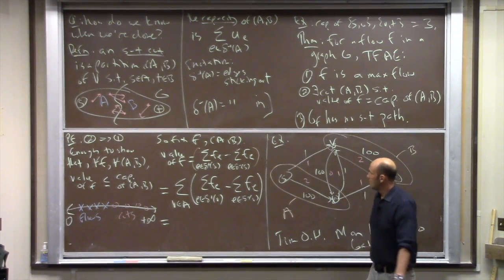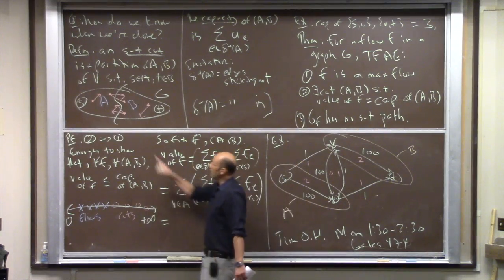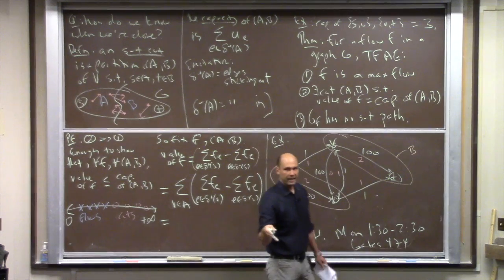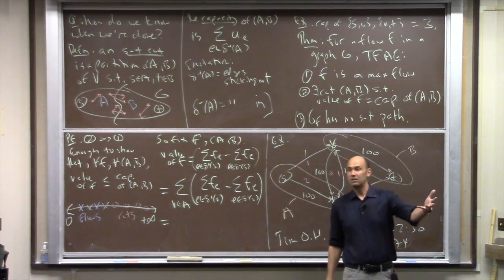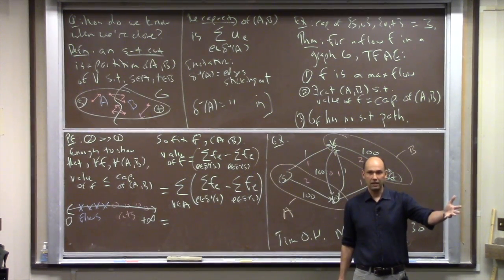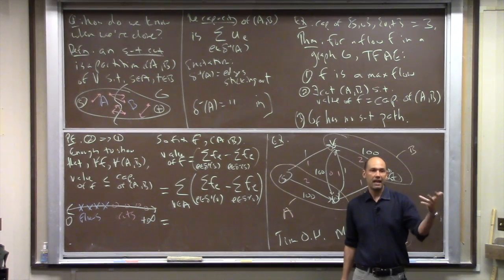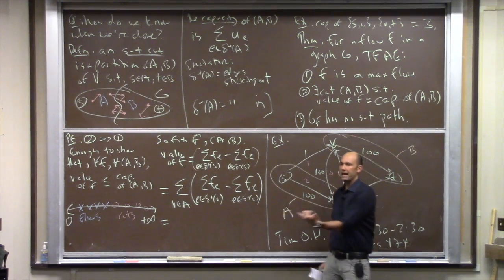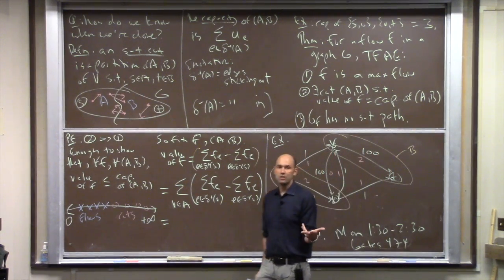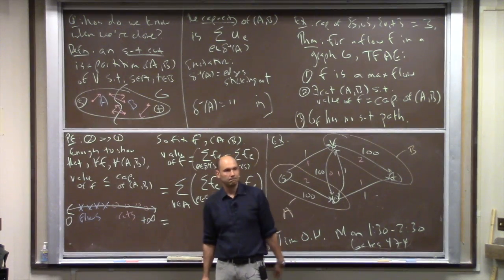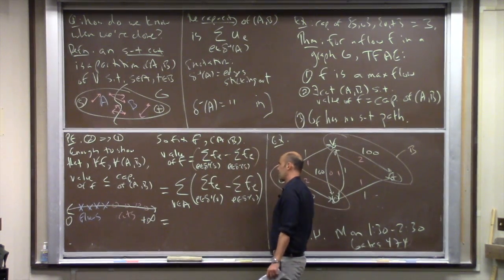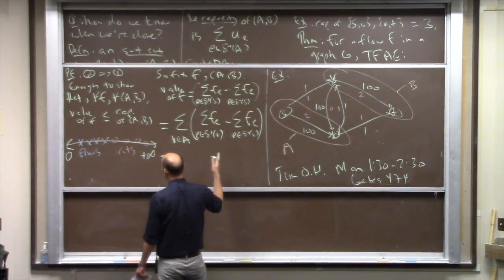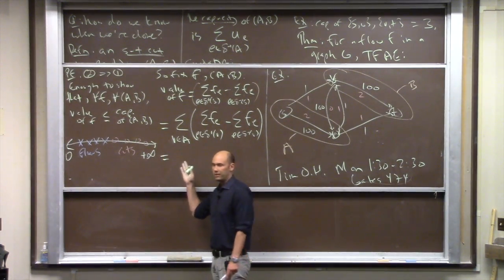Now, if you have an edge sticking out of A, going from left to right, say V is in A and it goes to W in B, so W is missing from the sum. That's not going to contribute anything. But for vertex V, this edge sticking out contributes once times f sub E. Symmetrically, any edge going from B back to A shows up once with a coefficient of -1. So another way to write this sum is to sum over all the edges and ask how much each contributes.